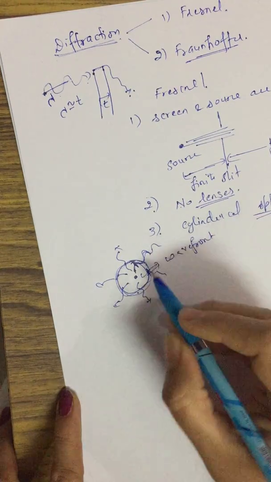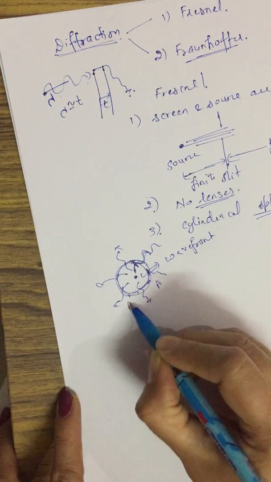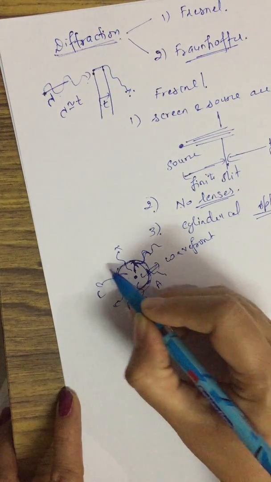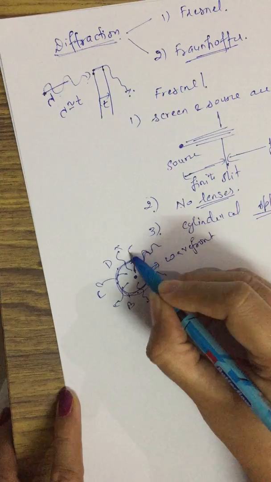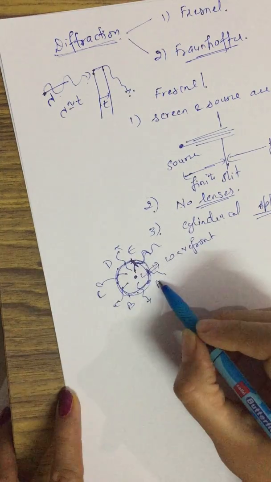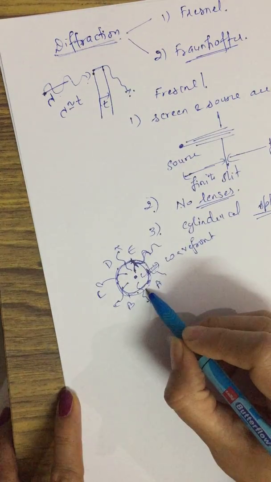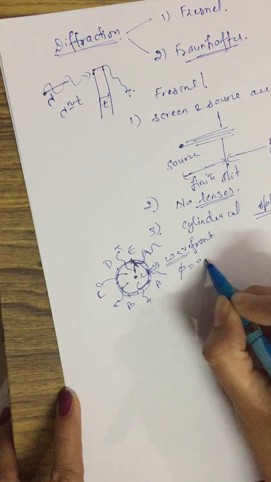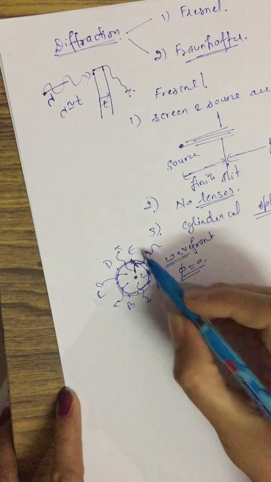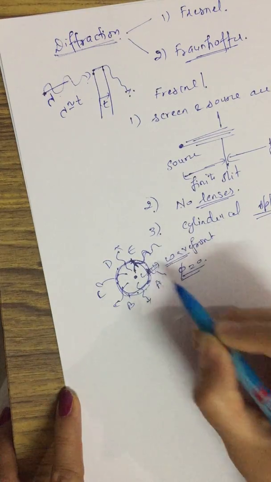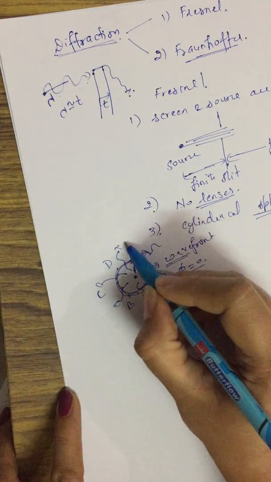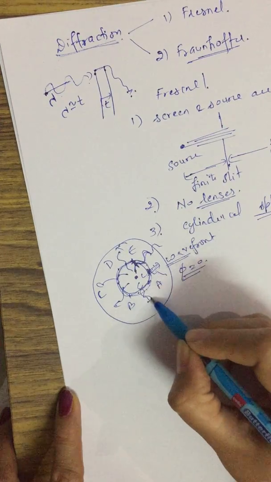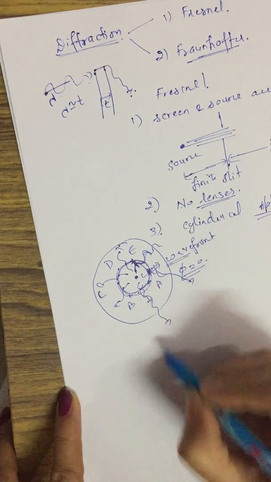It means every point of the wavefront is at the same phase, the phase change is 0, and every point on one wavefront behaves like a source for another wavefront.